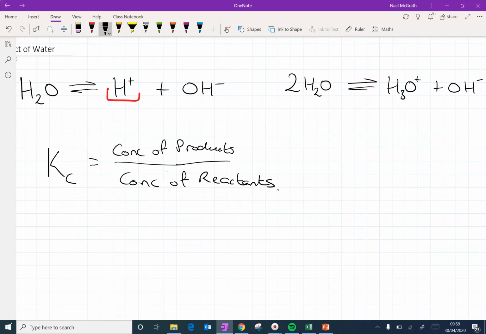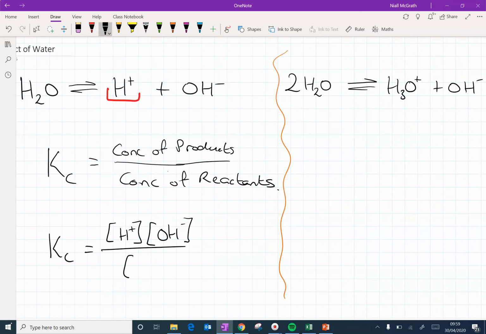Taking the left hand side as an example, Kc would be equal to the concentration of products over reactants.